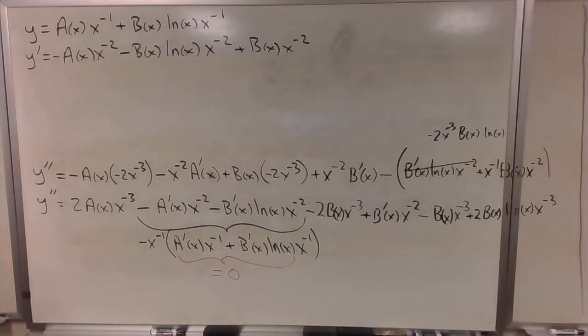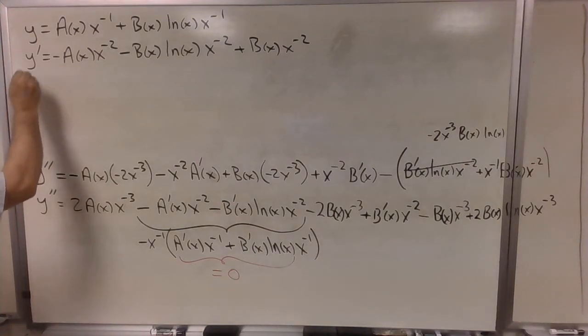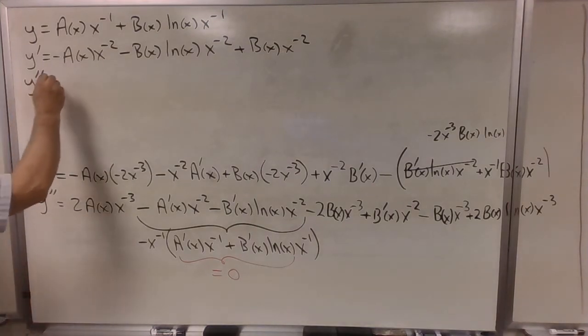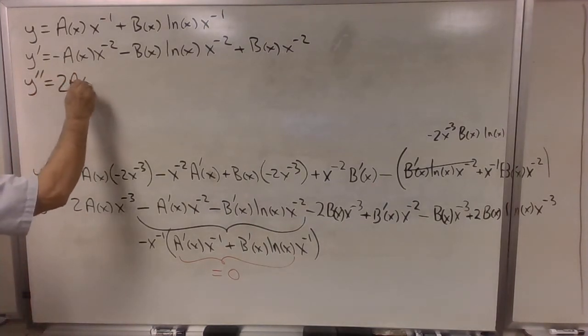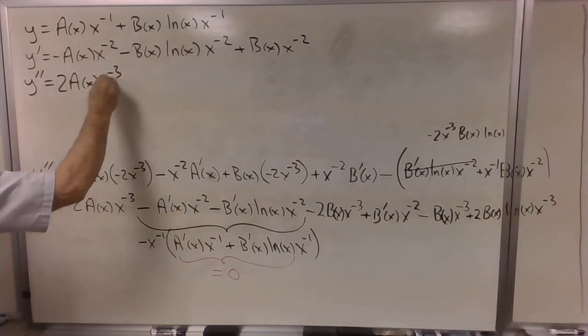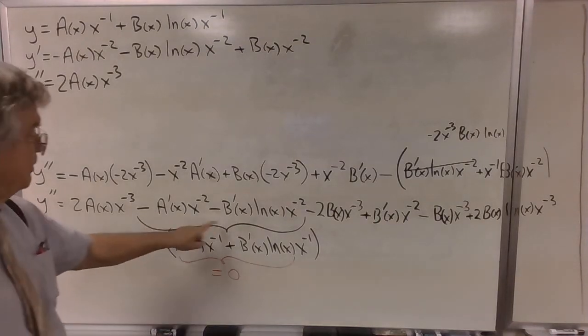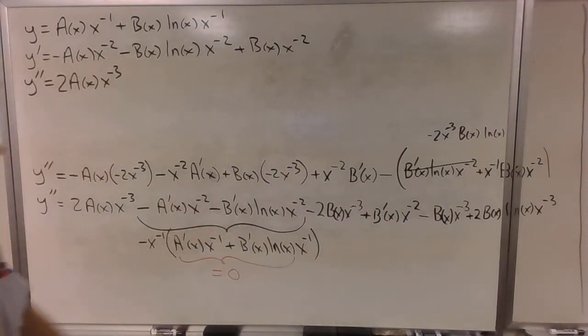And now let me write down y double prime. Two ax x to the negative 3, these two things equal 0.